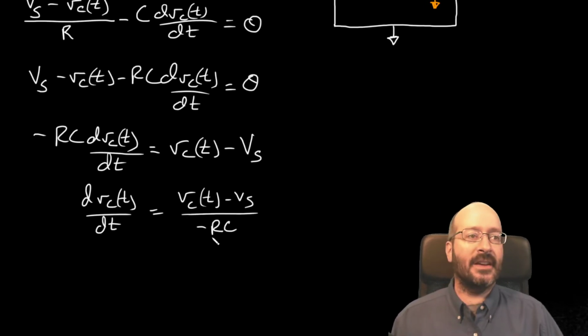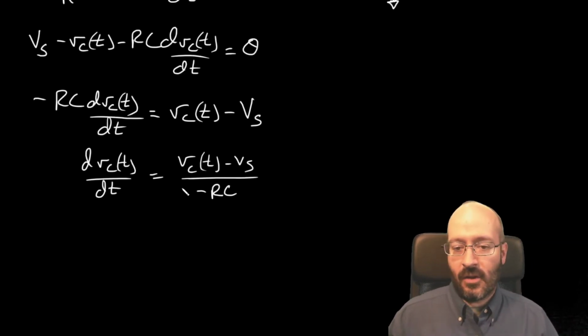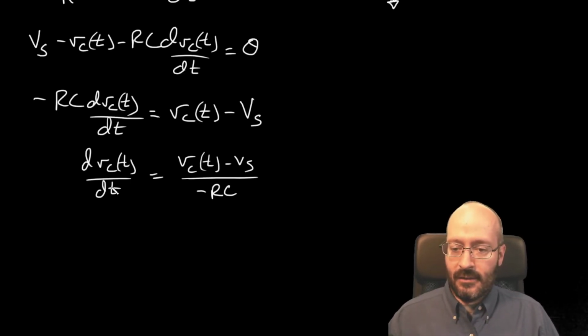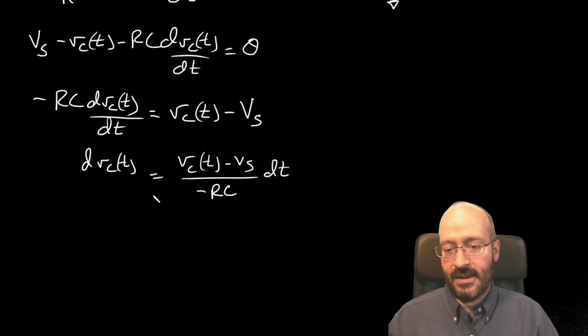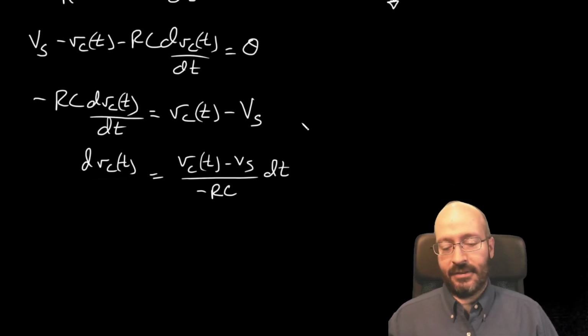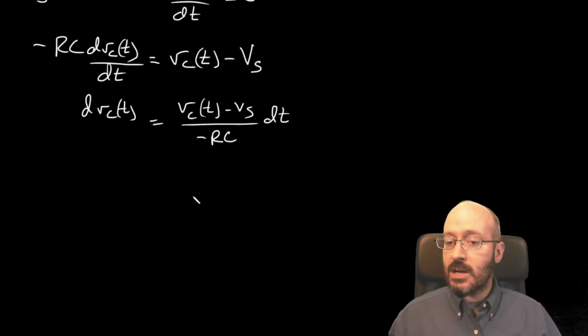Okay, so negative RC ends up in the denominator there. And then we can also split up our derivative. Okay, so I can bring up into the numerator dt by multiplying the left and the right side by dt. Okay, getting closer.